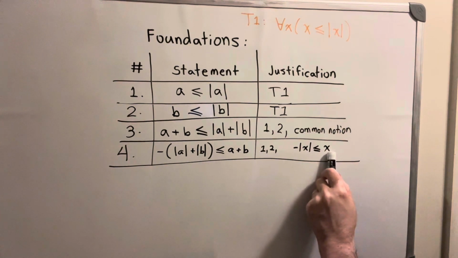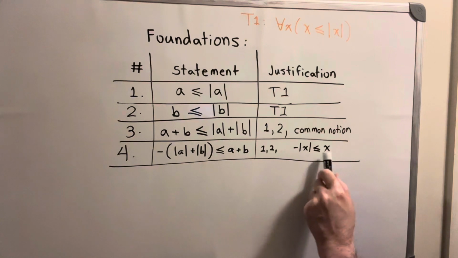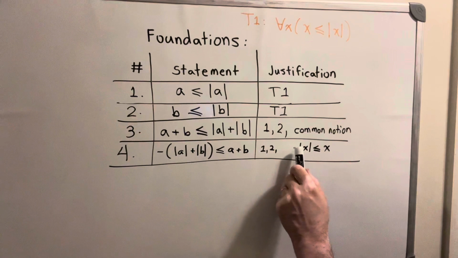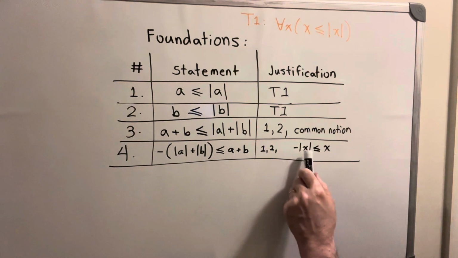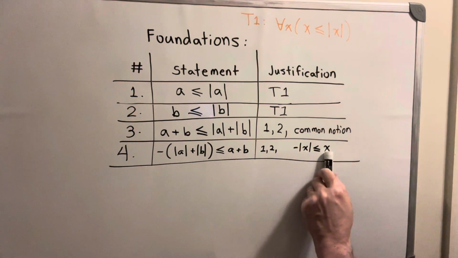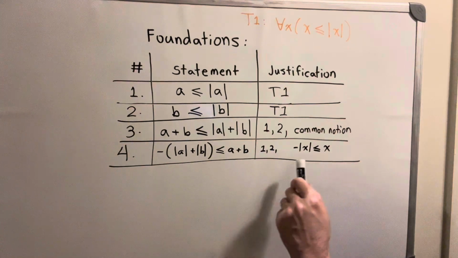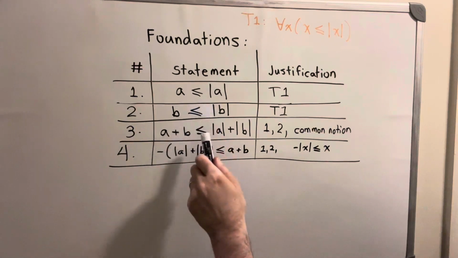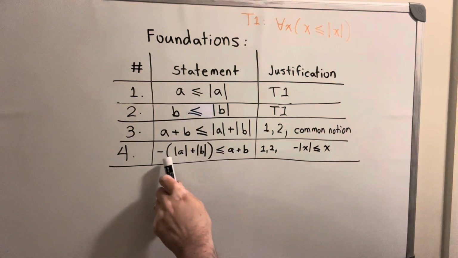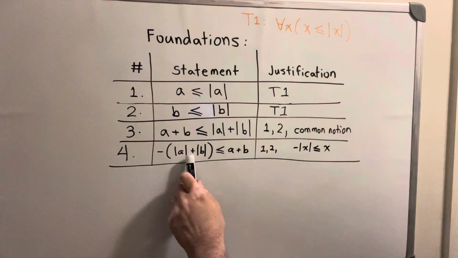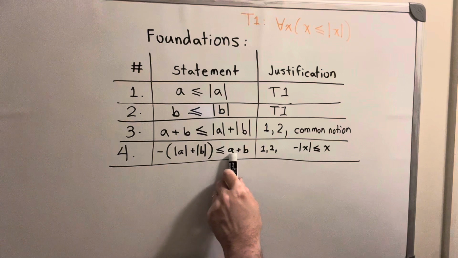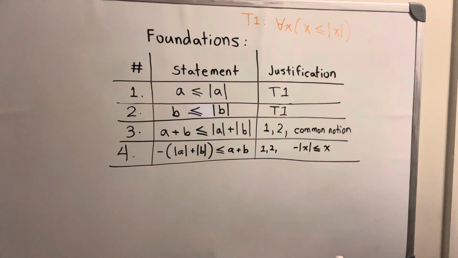But if x is a positive value, and the absolute value of x is always a positive value, then the negative of the positive value is negative. Then this will be less than x. And so what I did was I took 1 and 2 and added them together, and I said that the negative of this sum is less than or equal to the sum of them. Take a minute if you're not convinced.